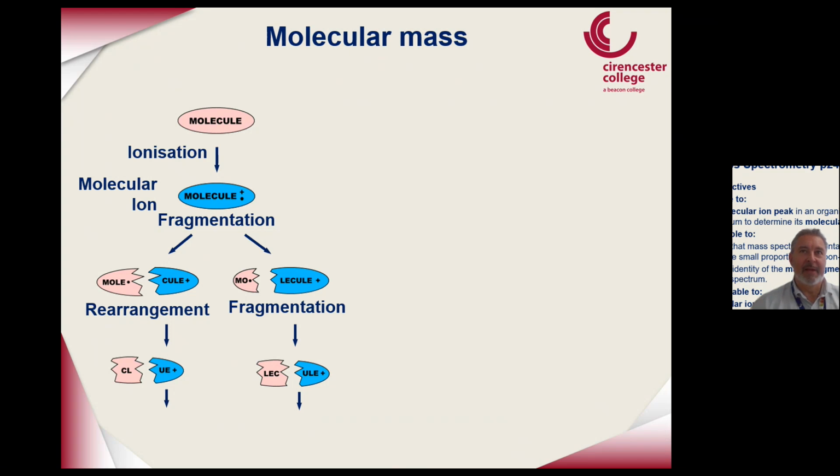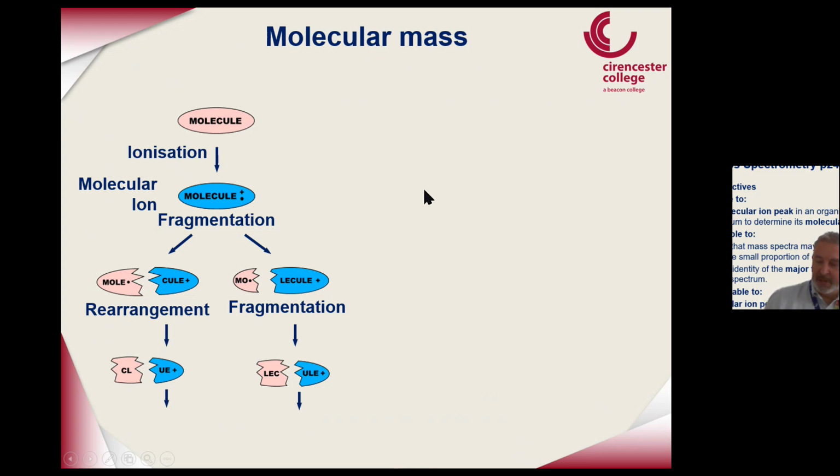Now, we don't worry about the negative fragment because that's not going to go down the tube, but the positive fragment will go down the tube, and it will be deflected based on its mass and its charge. The charge would most likely be +1, but we can have different masses. So we have different size fragments going down the tube. Sometimes the fragments could get rearranged and we end up having different combinations, but the combinations must relate to the actual structure of the molecule in the first place.